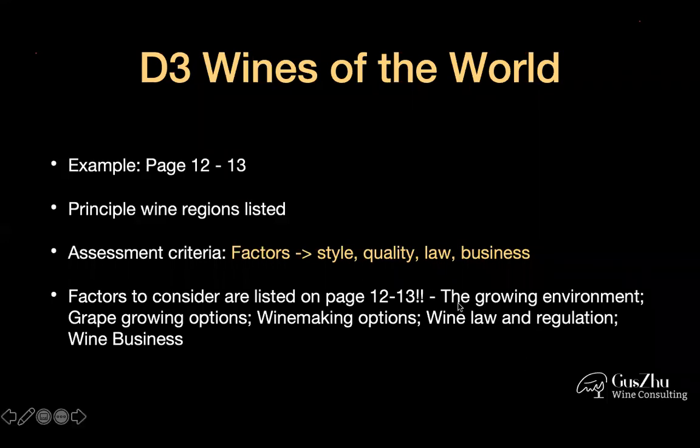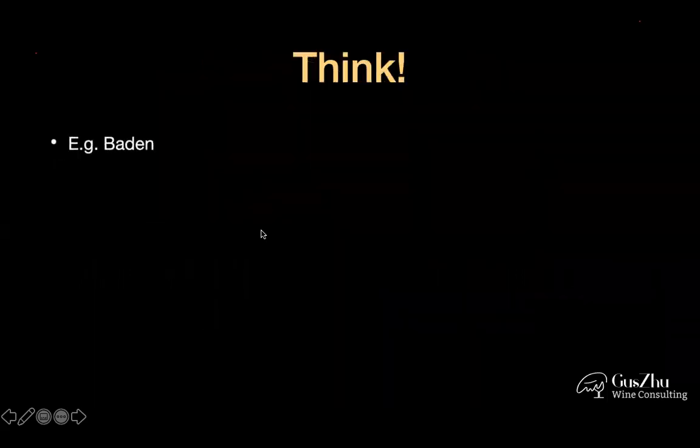So in your study, I encourage you to use those factors as the framework to guide your evaluation, analysis, and thinking process of how those factors relate to the style, quality, and price of all the wines from all the principal wine regions. So think about them, okay?